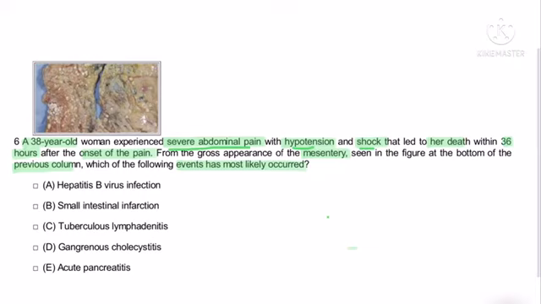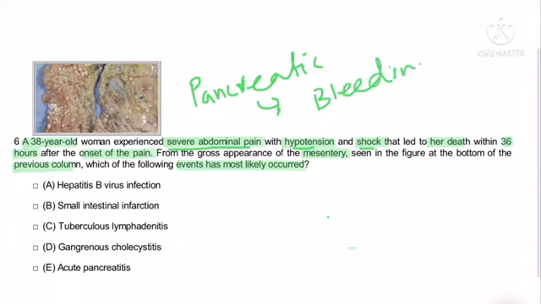If there is pancreatitis, inflammation of the pancreas, then there will be leakage of enzymes in the blood, and that can lead to massive bleeding also. This massive bleeding leads to hypotension, severe hypotension leads to shock, and then there will be death of the patient.